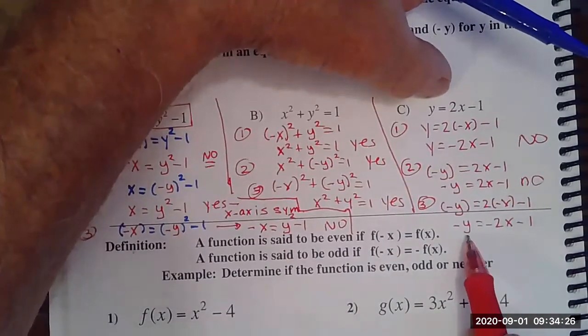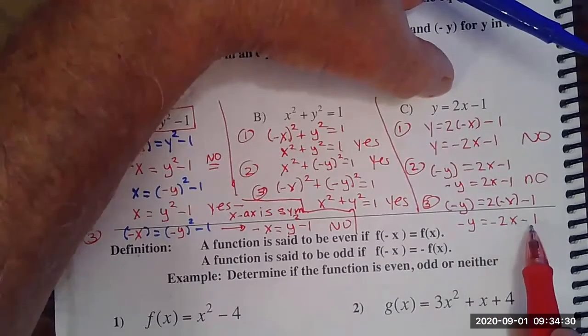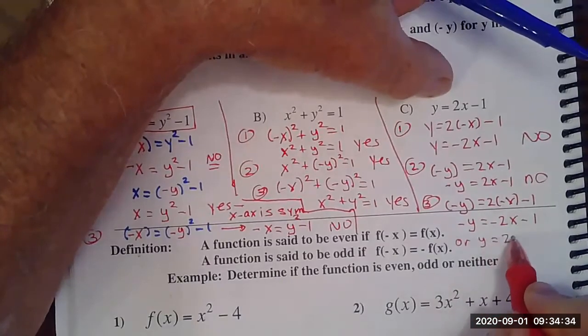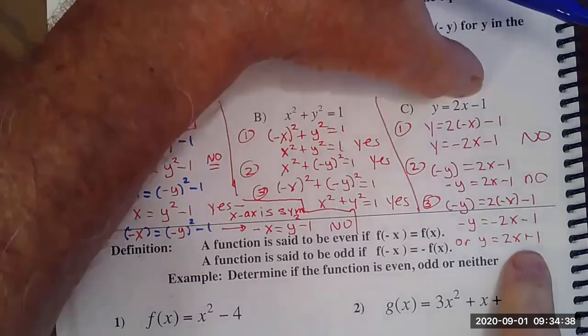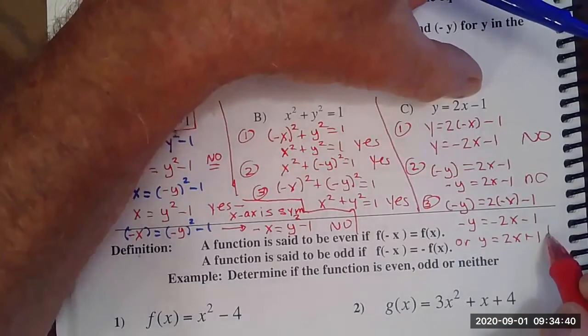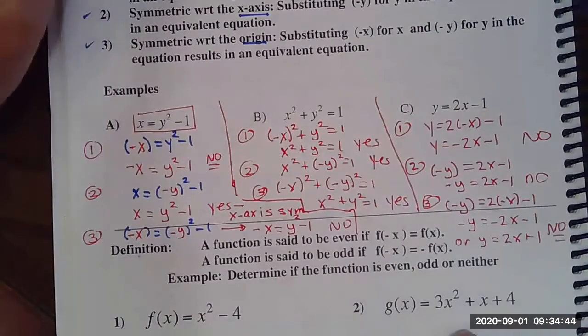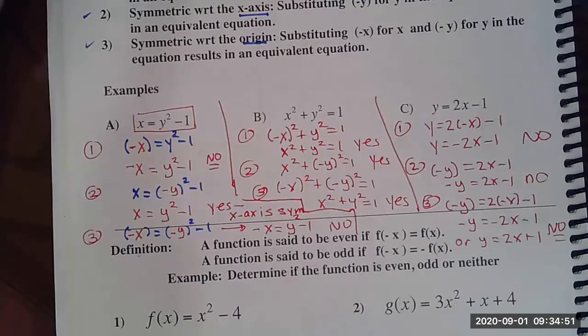If I multiply through by negative 1, change the signs to everything, oh, it's still not the same. See, I missed it right there. So it's all no. And so you'd say there's no symmetry. Well, there might be symmetry, but it's definitely not with respect to the axes or that special line, y equals x.